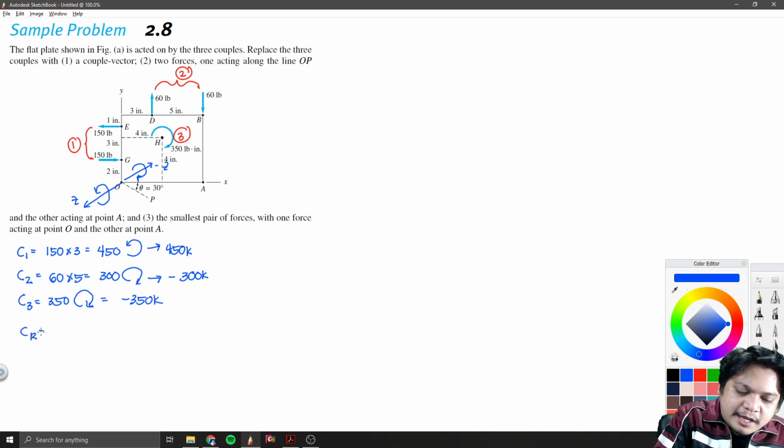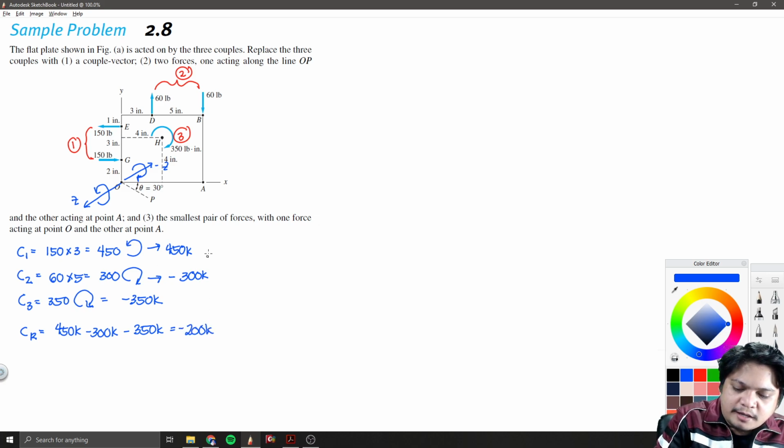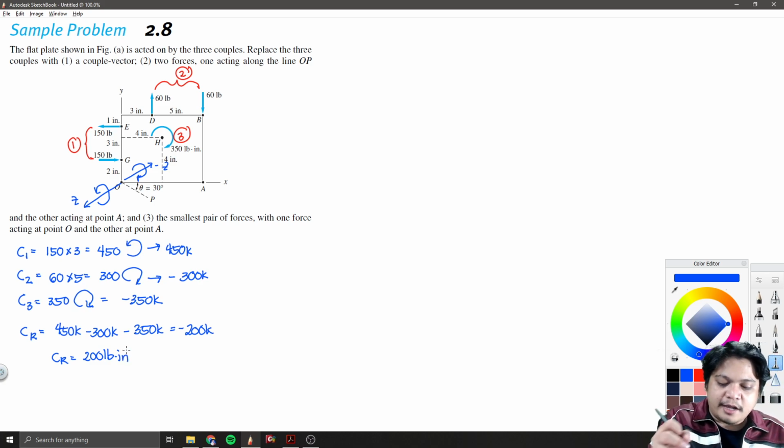So, yung resultant natin, yung couple vector natin, 450K minus 300K, then minus 350K. So, you will be having here 450 minus 300 minus 350, negative 200K. Okay? Or, yung CR natin, it is 200 pound inch, and then you'll be having here a clockwise manner.